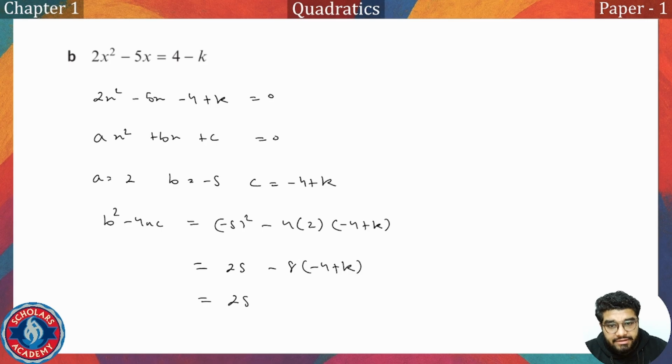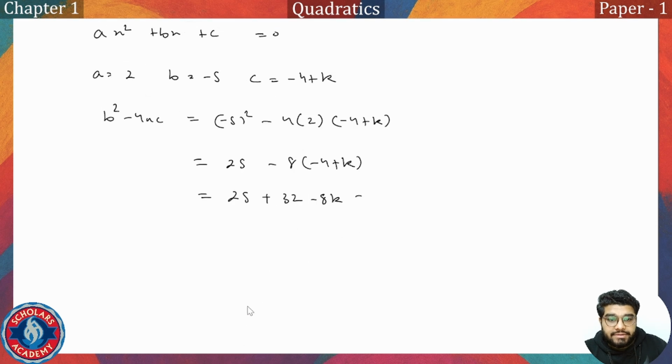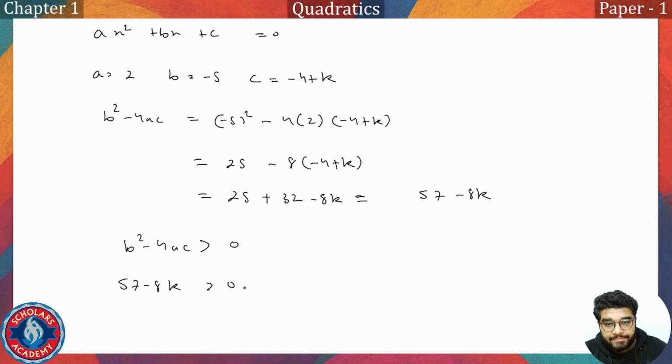It is 25 plus 32 and minus 8k, now this is equal to 25 plus 32, it is 57 minus 8k. Now for getting two distinct roots, the discriminant should be greater than 0. So b square minus 4ac should be greater than 0. It means 57 minus 8k should be greater than 0.